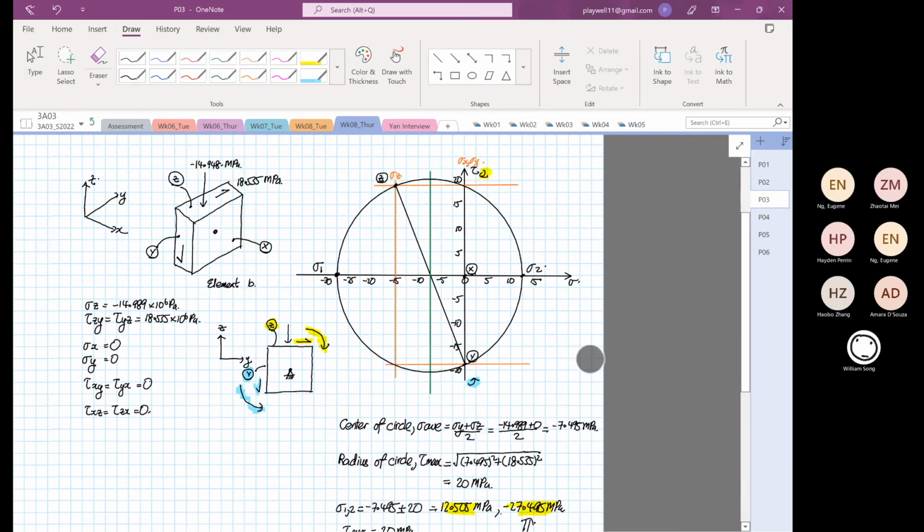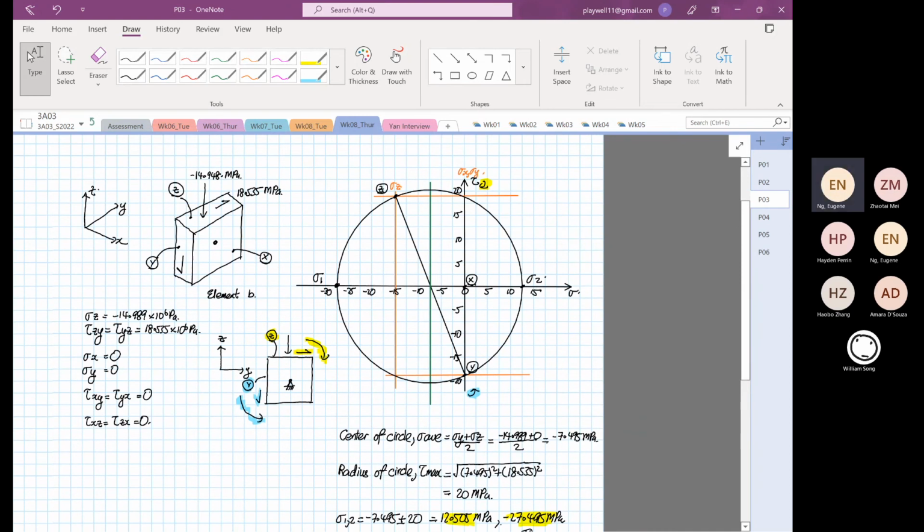Now, the first circle that we've drawn is just doing 2D. If we consider point X in a Mohr circle, which I will explain in more detail later, I want you to have a look.